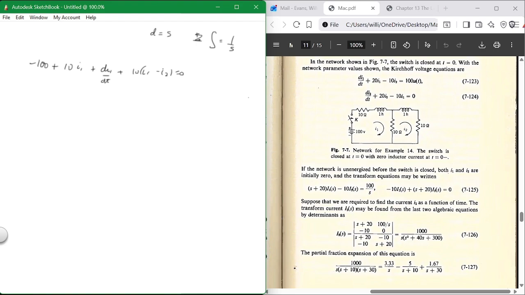Right? So here it's minus 100 plus 20I plus s times I1 minus 10 I2 is equal to 0. And that's how you get down to here. Oh, it's 100 over s, excuse me.